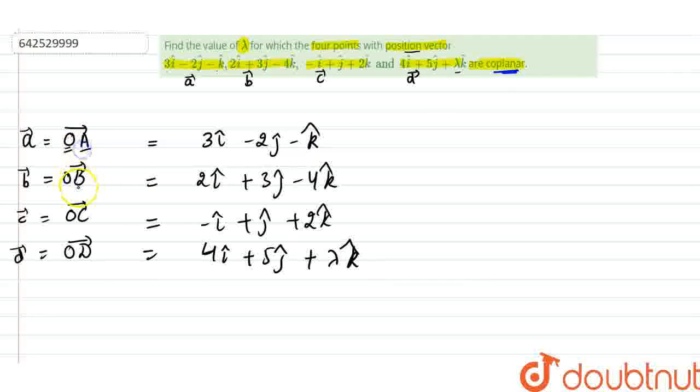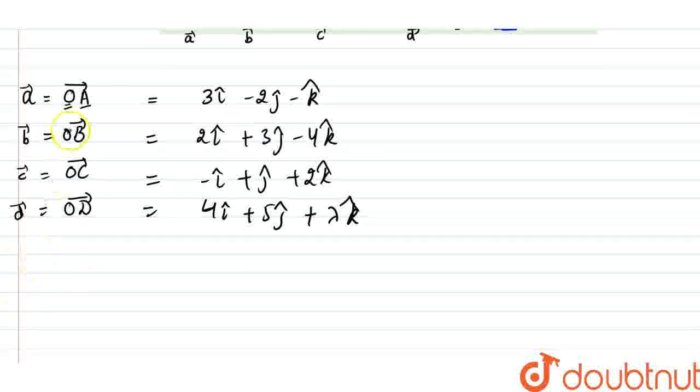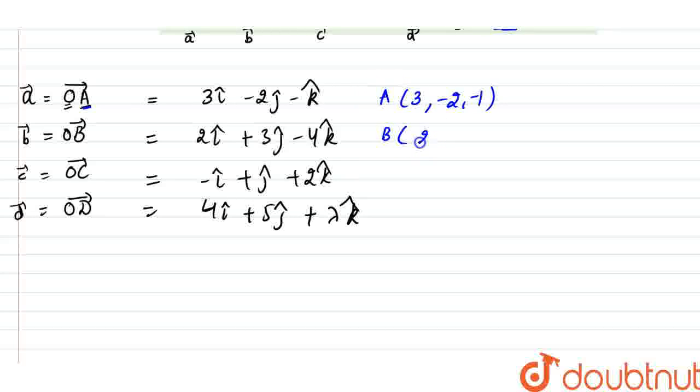Now since the points are coplanar, that means they are lying on the same plane. So if A, B, C, D are lying on the same plane, we can consider that from the point A, that is from the coordinates 3, -2, -1, if we find a vector from coordinate A to coordinate B, 2, 3, -4, then this will be given as AB vector.